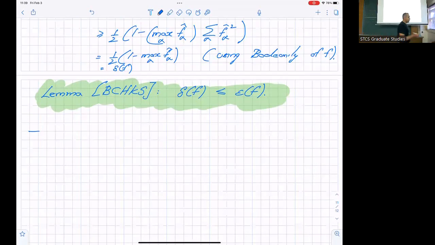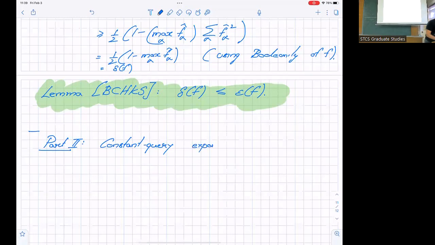So let me state what we're going to show in part 2. The key thing about this was the fact that it was constant query. So we will construct a constant query PCP, but unlike the usual PCPs, which have polynomial sized proofs, this will be an exponential sized PCP.